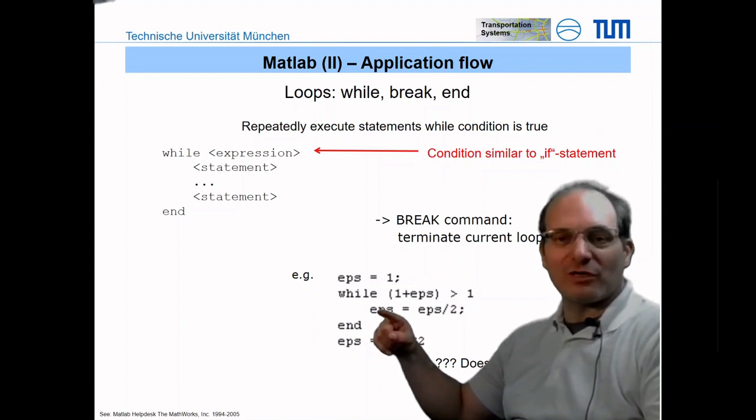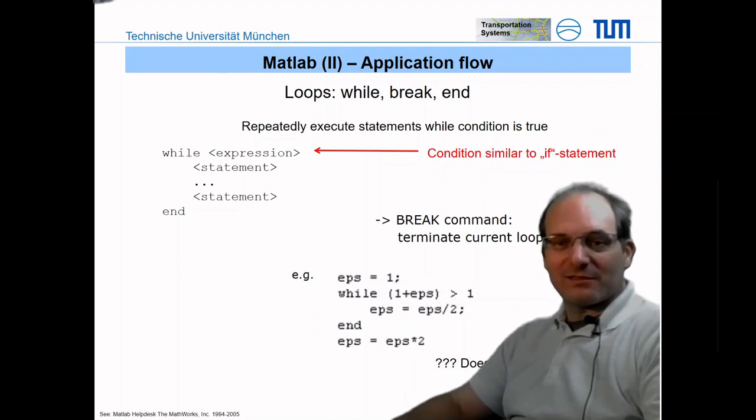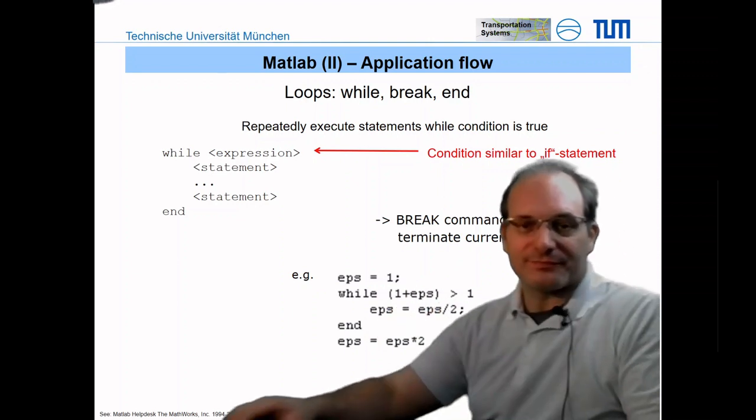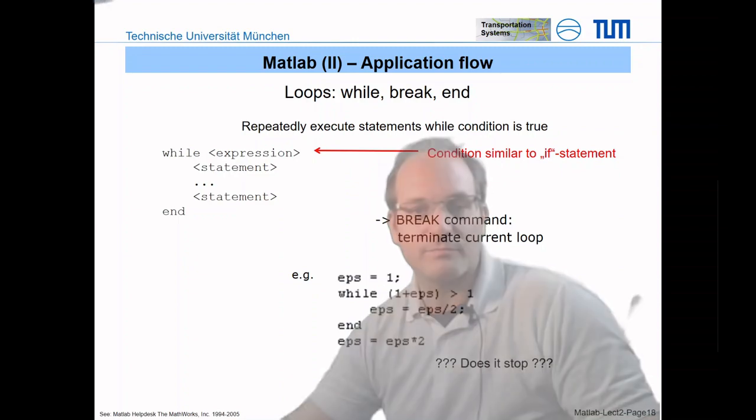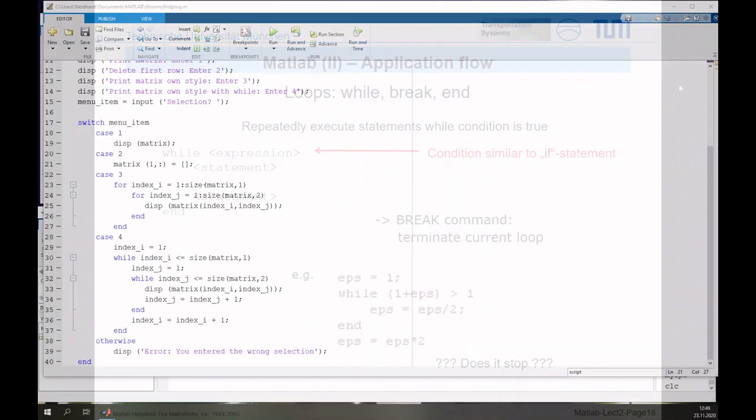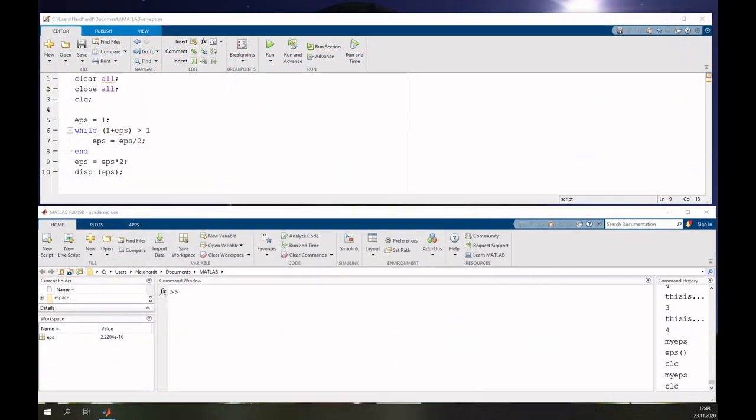But let's have a look what happens if you do this with your Matlab. Of course, I already prepared a small script doing this. And here you see the script, which you find also in the slides.